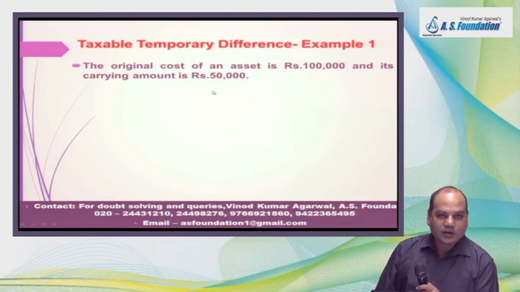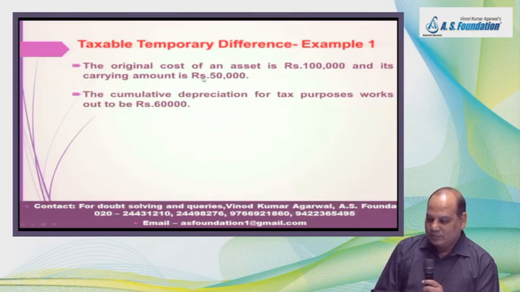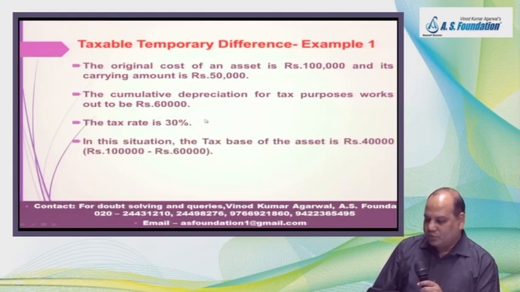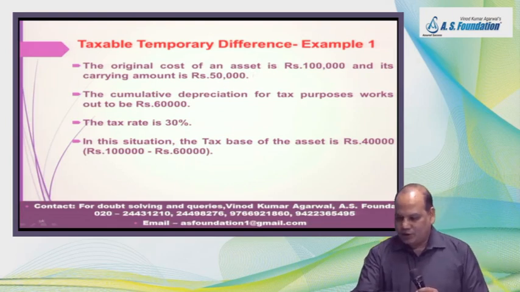In case of asset, DTL will arise when carrying amount is more than tax base. For income tax purpose, the depreciation is 60,000. Tax rate is 30%. So first of all, you have to see what is carrying amount and what is tax base. CA is 50,000.